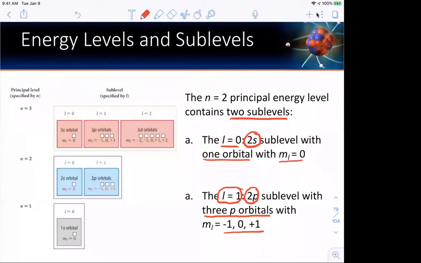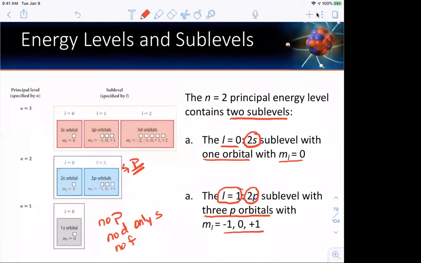So as my energy level increases, the number of orbitals in my levels increases, and the number of subshells increases as I go up. Notice in n equals 1, I have no p, no d, and no f. I only have s orbitals. Here, I get my first p.